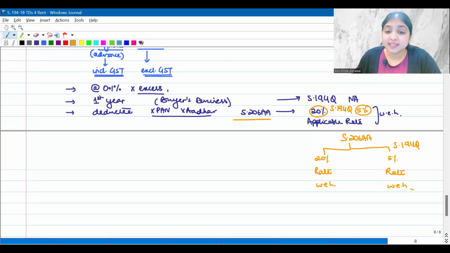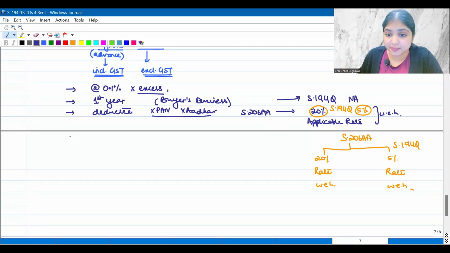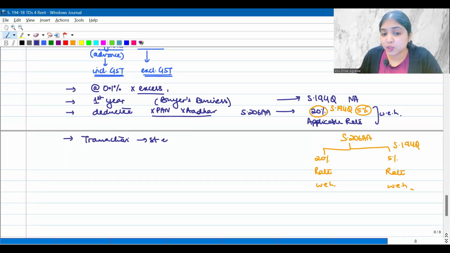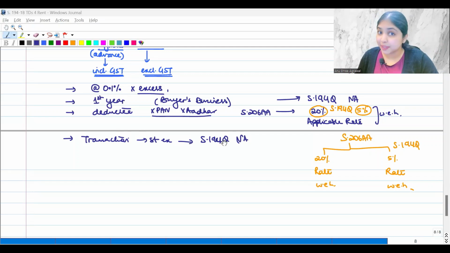Understanding? So under 206AA, generally the upper limit is 20%, but under 194Q, the upper limit will become 5% only. Then listen to the next point. If the transaction is happening on the stock exchange, that is, if the transaction is with respect to purchase and sale of shares on the stock exchange, then in that case, section 194Q will not apply. Transactions happening on the stock exchange, 194Q is not applicable.